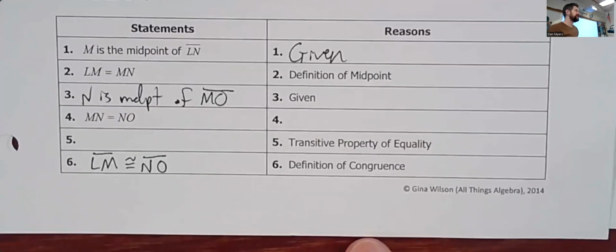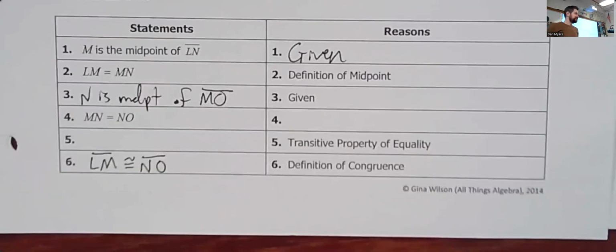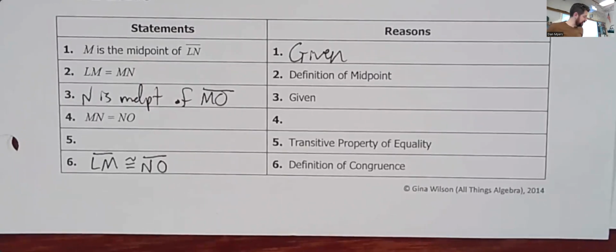And I'm even going to write those in, because there's no reason to not get those three. Those three are part of the problem, so hopefully you got those ones.